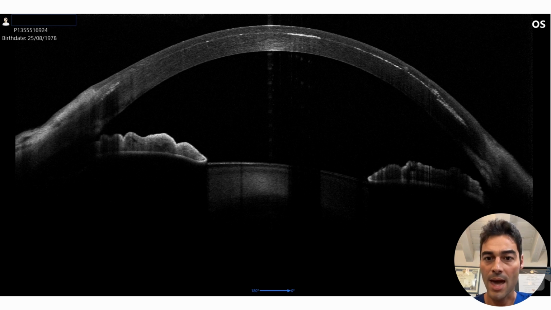And before lifting this new deeper flap, we wanted to be doubly sure not to intersect the previous interface. So intraoperatively, we took the patient to the MS-39 and we took the scan.